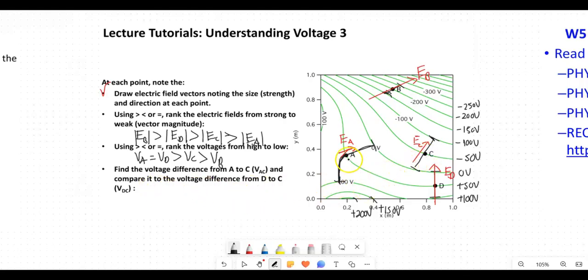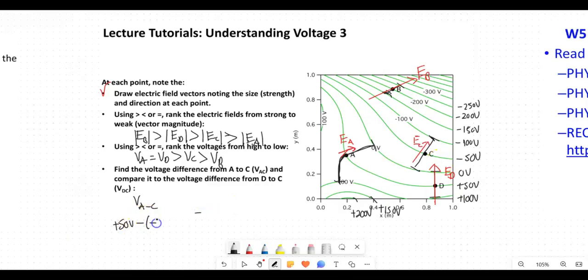Okay? And now for the voltage difference part, for this last part. If we compare the voltage difference between A and C, let's go voltage A minus C. I'll just interpret it along those lines. And we're just considering the voltage difference. A's voltage is going to be positive 50 volts minus C, which is negative 50 volts.